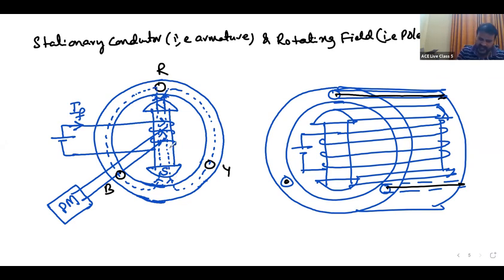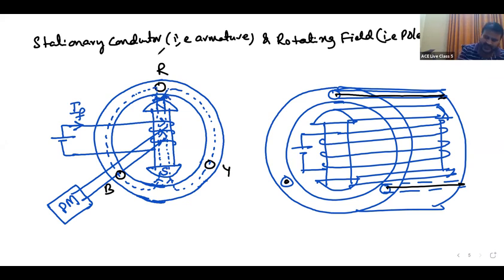But what is the flux direction inside the magnet? Inside the magnet it is south to north; outside the magnet, north to south. You don't worry about inside or outside; the flux direction in the air gap is important. The air gap means the gap between stator and rotor.